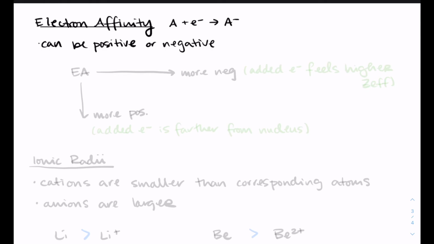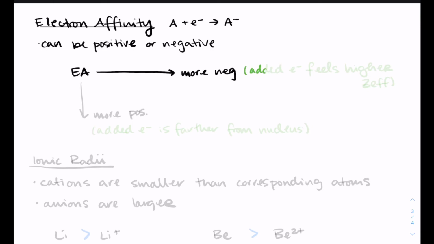So there might be a switch, or you might not have to put in as much energy. But the reason for this, again, every left to right trend is effective nuclear charge. When you put the electron in, it feels a higher pull from the nucleus. We've got a higher effective nuclear charge felt by that electron. It gets pulled in closer to the nucleus, lower energy.